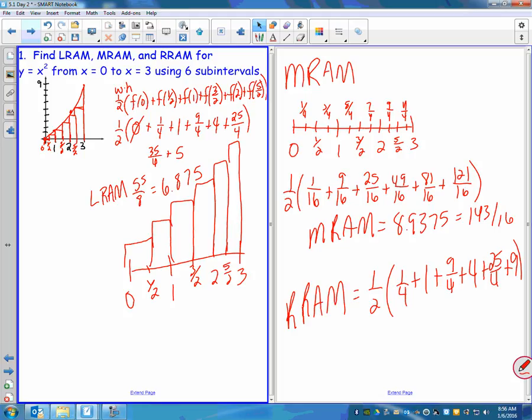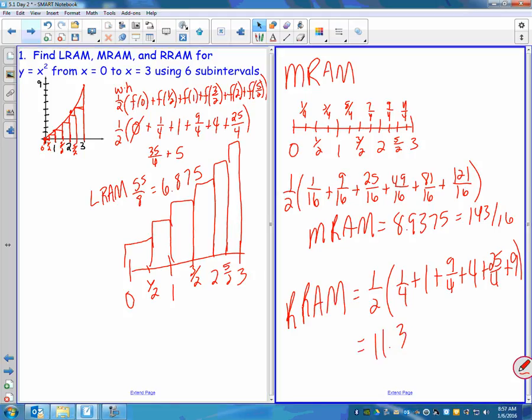It's just 1/4. I got 11.375, which you can see they're pretty different numbers. 6, almost 9, and a little over 11. But again, imagine if we change it to 50 rectangles, that the limit as the width of those rectangles is getting closer and closer to 0, all three of these values should be merging to the same value.